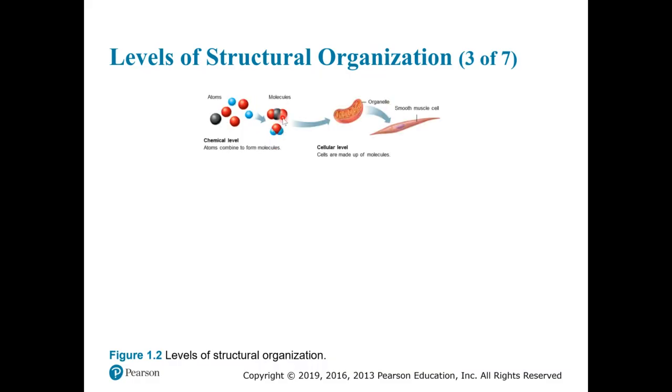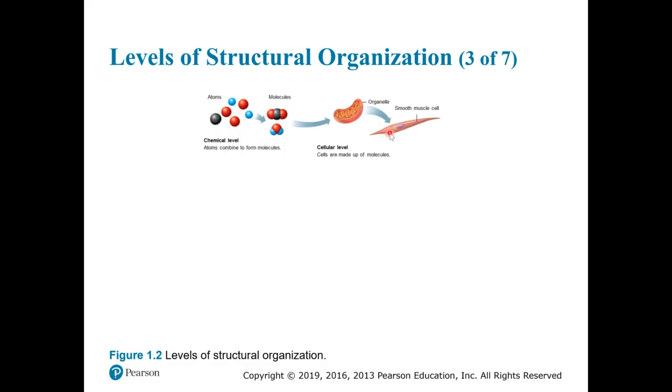So atoms, there's a lot in between right here, I'll tell you that. Molecules, the different biological molecules, which we'll talk about, you've heard of before, like proteins, carbohydrates, nucleic acids. This represents a mitochondrion, which is an organelle that produces energy for us. And here's a cell. It's a smooth muscle cell. You can tell because it's pointy on the ends, thicker in the middle. It doesn't have any stripes.